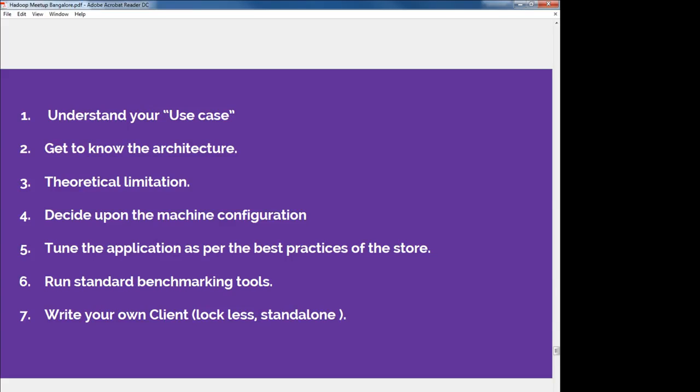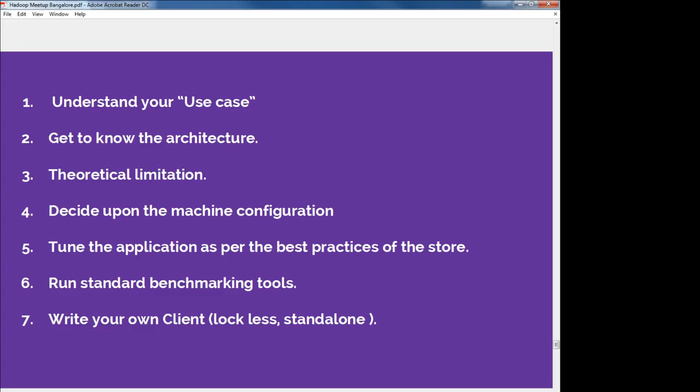Just run those benchmarks and verify whether you have the right setup to start with. And write your own client. Don't depend upon YCSB or something else. They have their own use case implemented in YCSB, and that may not be the same as what you actually want.